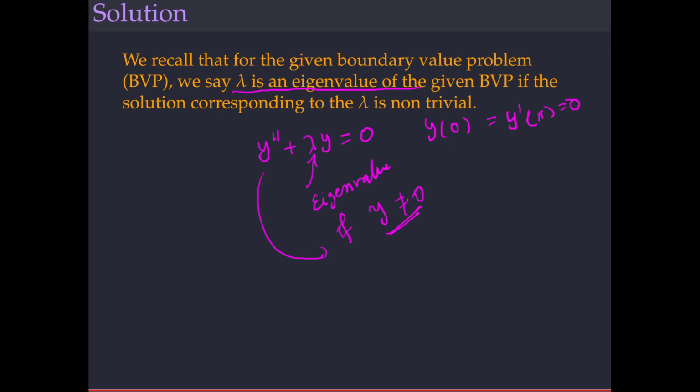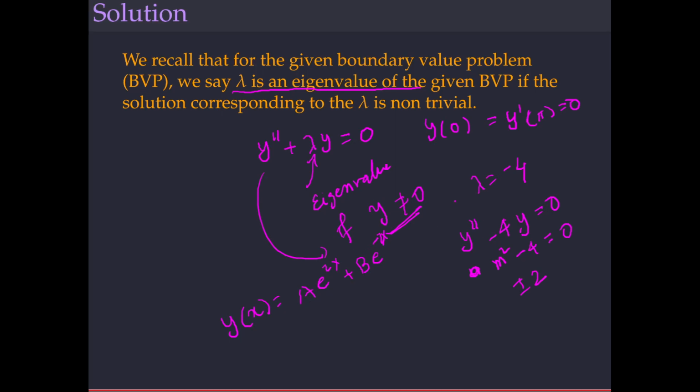For example, let's put λ = -4. Then y'' - 4y = 0. The characteristic equation is m² - 4 = 0, and this gives ±2 as roots, and therefore the solution of this differential equation is a e^(2x) + b e^(-2x).